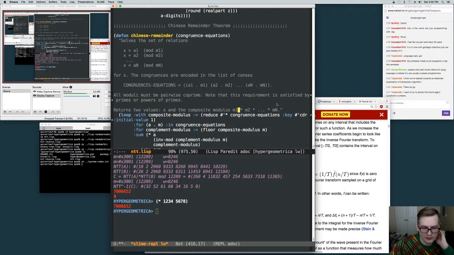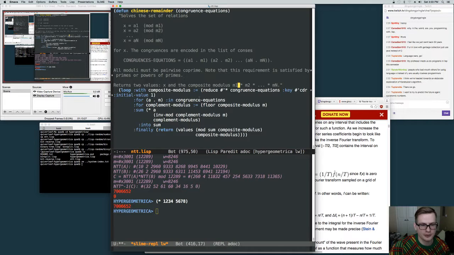So if we're multiplying really, really long numbers, we can do the multiplications with smaller moduli, and then at the end use the Chinese remainder theorem to combine them.